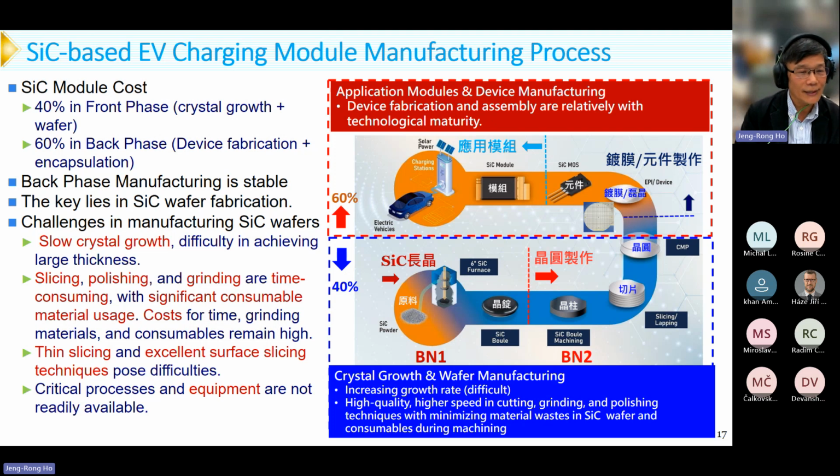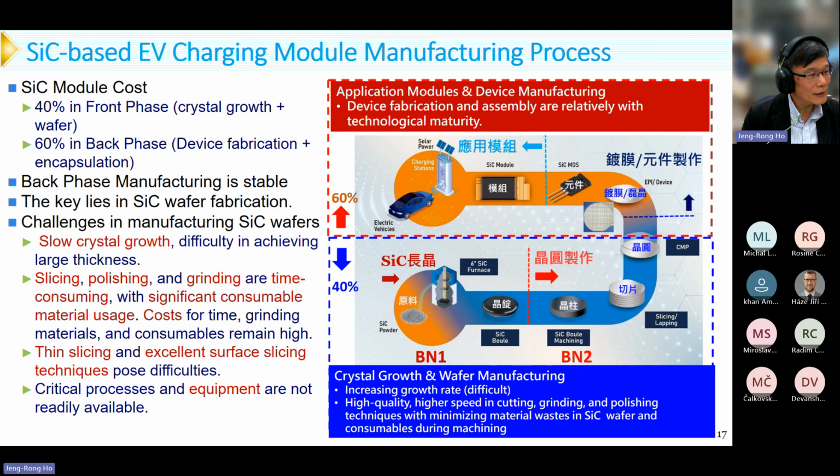Then finally is assembly and encapsulation. The first 2 phases we can name the front phase. Usually it costs about 40%. Before it was even higher, but now the percentage of cost is reduced.